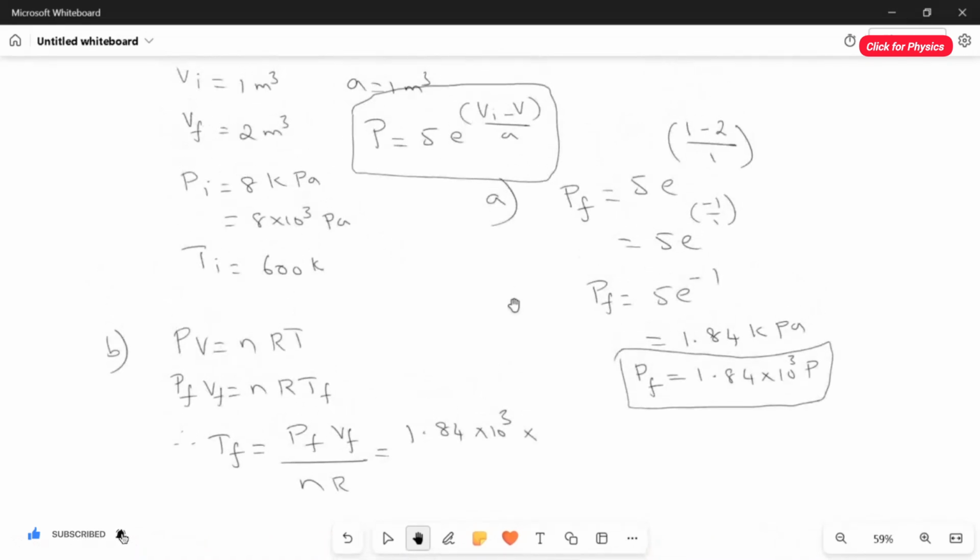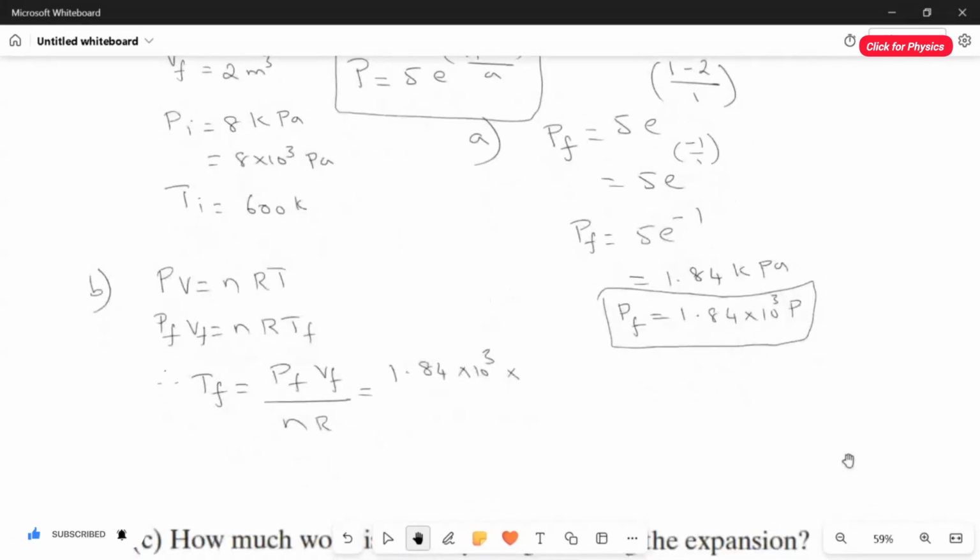So 1.84 multiplied by 10 power 3 Pascal multiplied by 2 cubic meter, and the number of moles of gas is 1, and the gas constant value is 8.314. So let's see what is the answer for the final temperature.